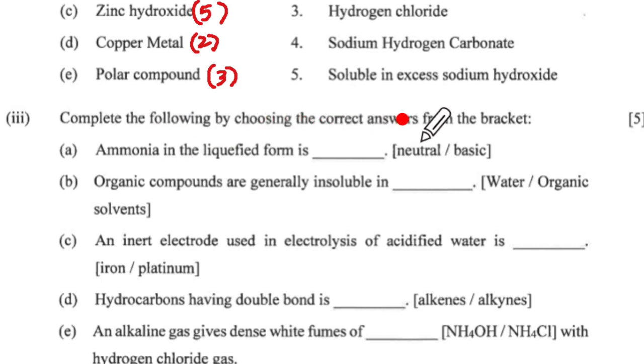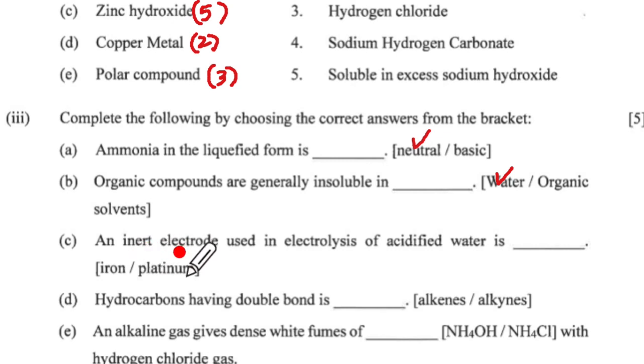Complete the following by choosing the correct answers from the brackets. A. Ammonia in liquefied form is neutral. So we know that. B. Organic compounds are generally insoluble in water because they are soluble in organic solvents. So this is the correct word.